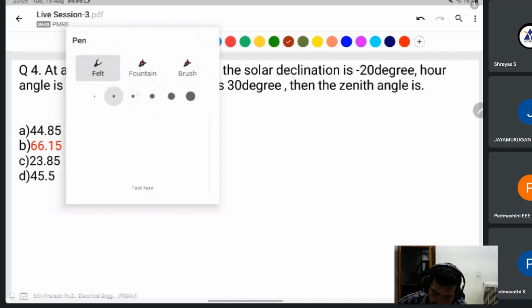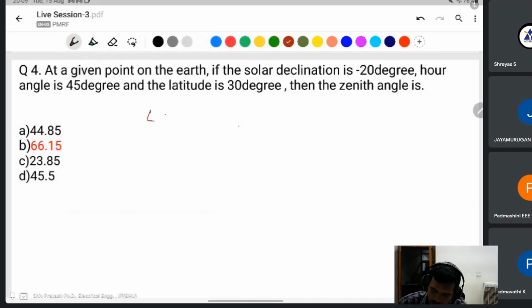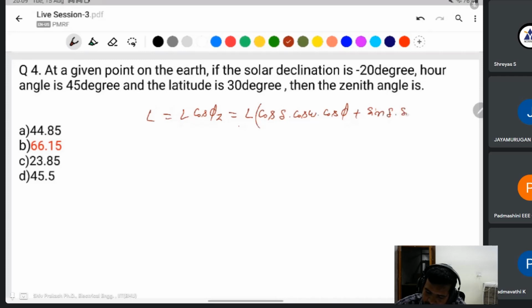We know about the insolation: L cos theta z is equal to L cos del into cos omega into cos phi plus sin del into sin phi.